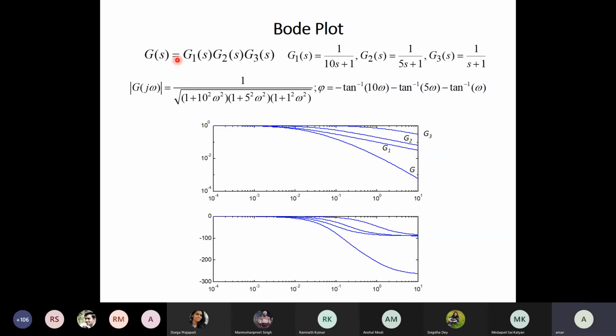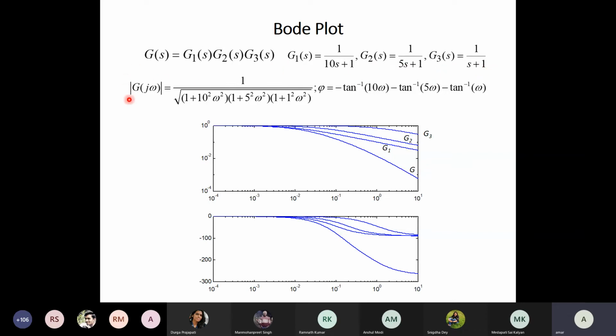If we have a multiple system, then the Bode plot is pretty simple to calculate. For that case, let's say the system we have taken is G(s) equal to G1(s) G2(s) G3(s), where G1(s), G2(s), and G3(s) are 3 first order systems of different time constants 10, 5, and 1.